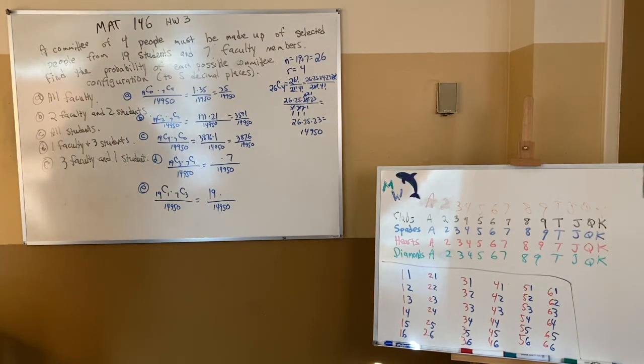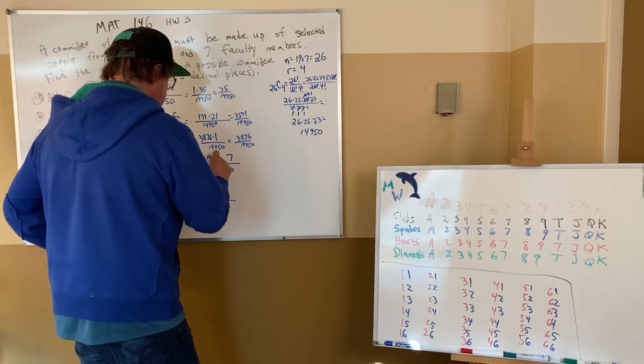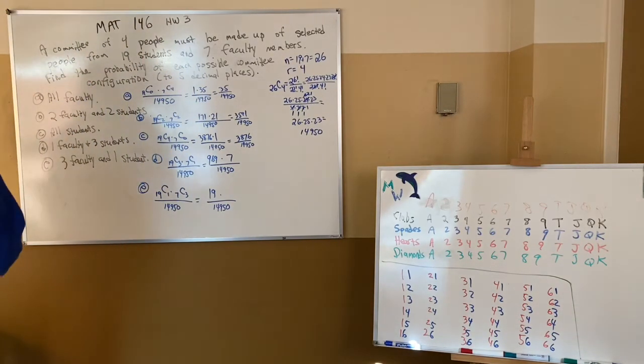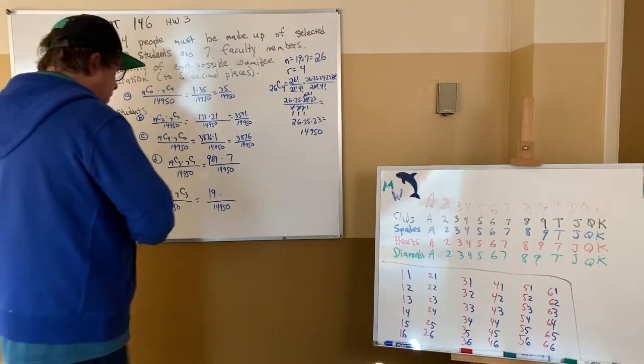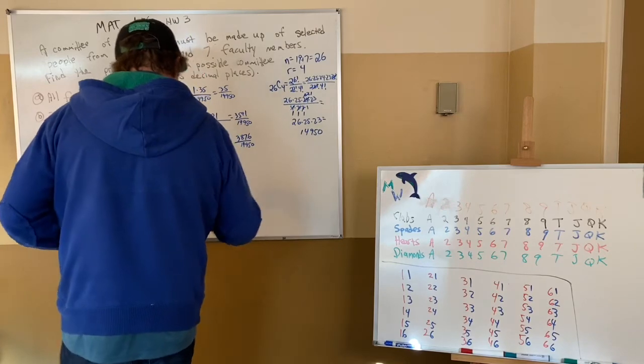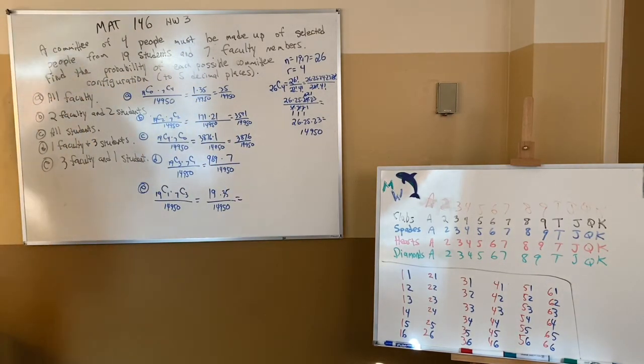But I need 19 choose 3, which is 969. I got 35 times 19 to deal with down there, which is 665.